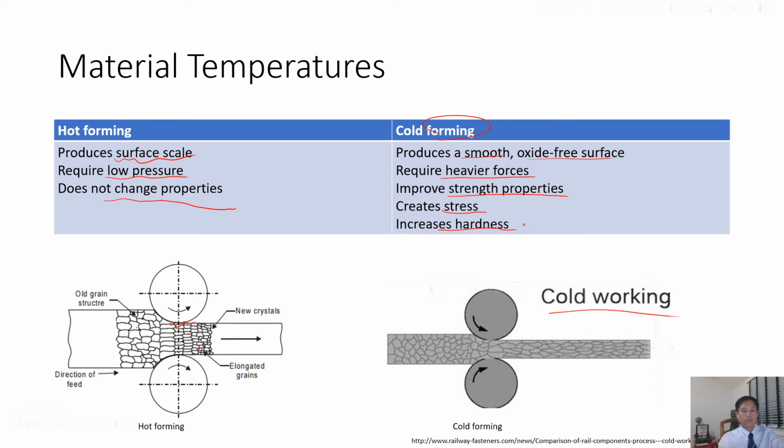This is the difference between hot forming and cold forming. So it depends on our final product. We can choose hot or cold forming, but the temperature determines its properties.